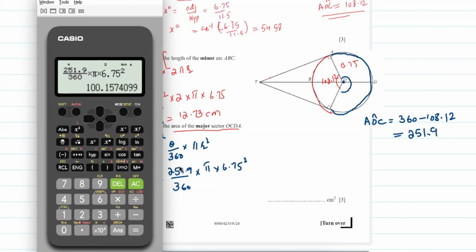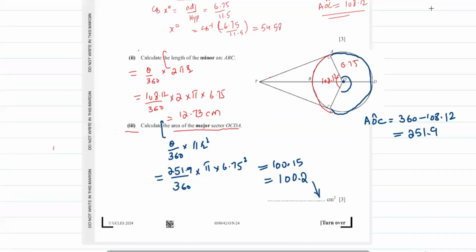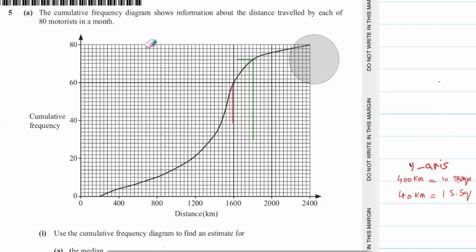This is equal to 100.157. We write 100.15, and to 3 significant figures we can write 100.2 centimeters squared is the area of this sector. This is the answer.